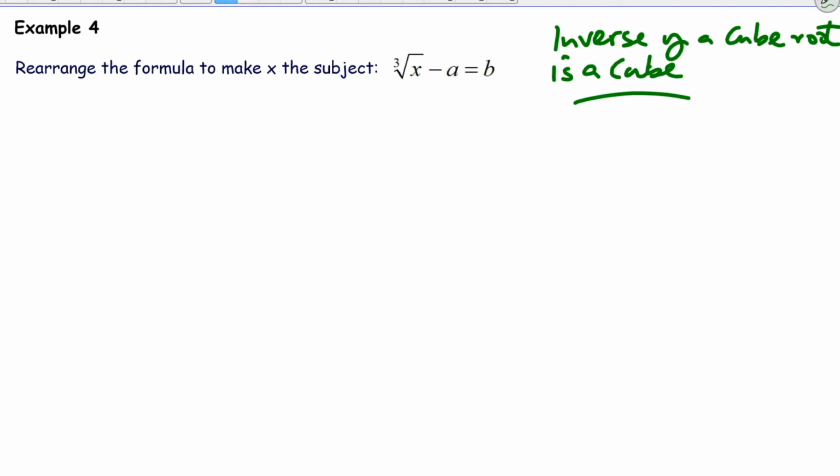We are going to apply that here. And before you work out that, we need to get rid of the minus a here. So the opposite of subtracting a is adding a. So we add a on each side.